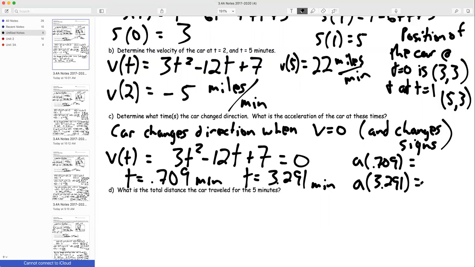If you put your acceleration equation into y equals, you can go to table set, which is second window on your calculator, and set the table to start at 0.709. And then it will give you the value, or you can just plug it into the equation. Either way.